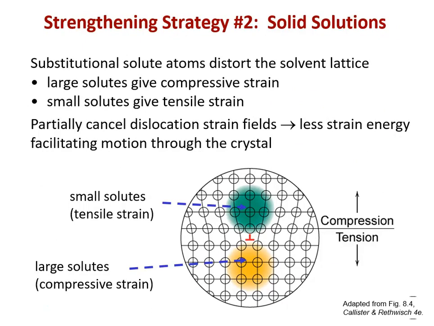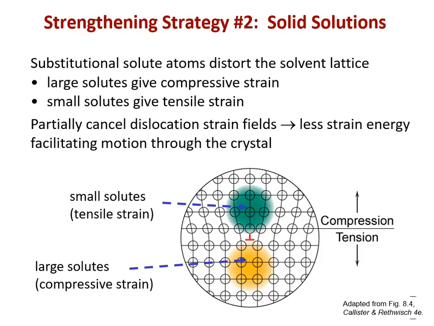Okay, second strengthening strategy. Now we have to go back to our concept of elastic strain energy. Remember, in our discussion of defects, when we start putting point defects on a crystal lattice, we induce a state of either compressive or tensile strain as we ask atoms to move off of their equilibrium strain-free positions, thinking of our atoms in a crystal lattice as being connected by a bunch of springs.